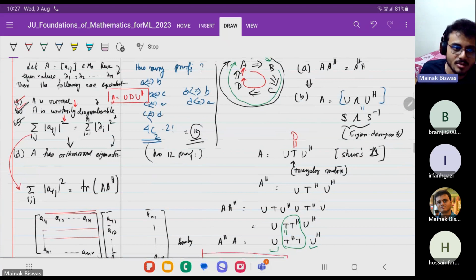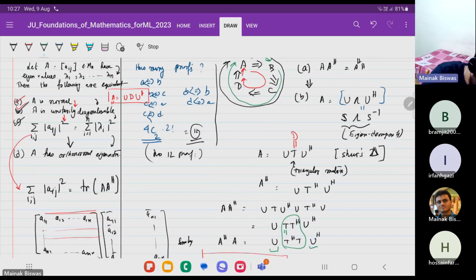Since U is unitary, this is a one-liner. Since A is equal to U lambda U Hermitian, what does it imply? The eigenvectors are orthogonal.